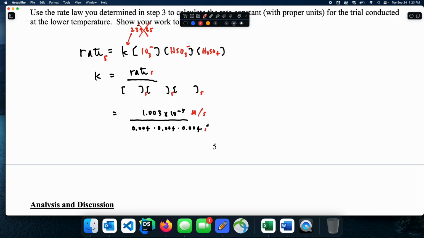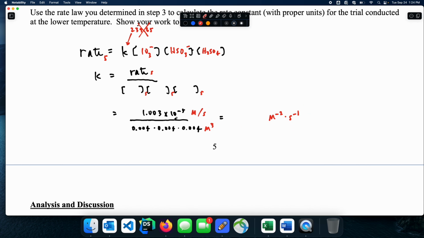And this down here was molars, molars, and molars. I'm just going to say molars cubed. Okay, so the result then is going to be molars divided by molars cubed. It's going to be something molars, right? Because if you put all those together, that's what you get.